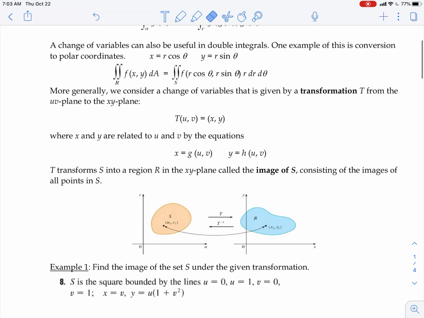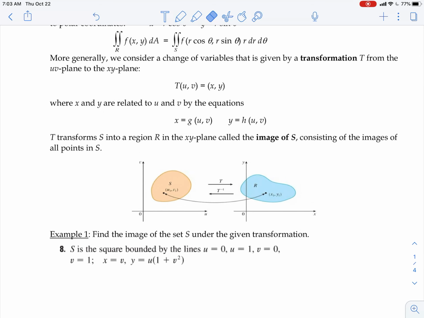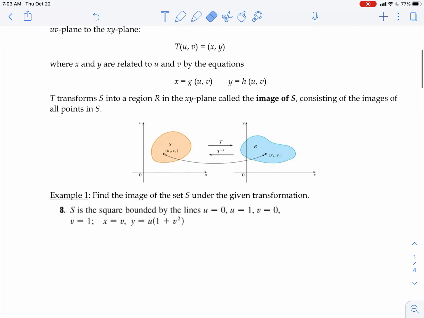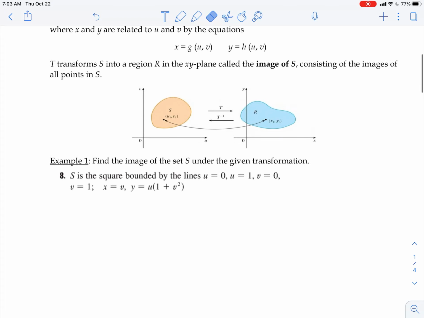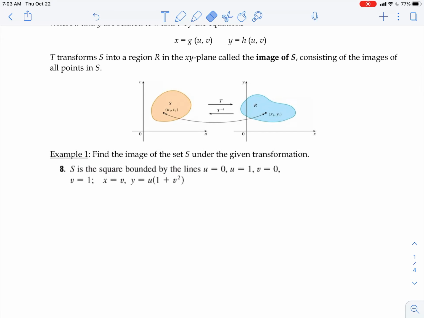The first thing we're going to do is look at what a transformation looks like. We're going to change one region to another region. Here it says find the image of the set S under the given transformation.